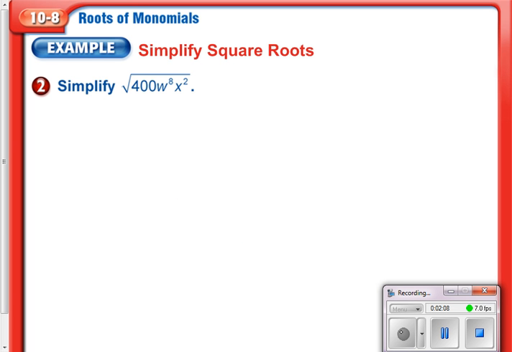Example 2, simplify the square root of 400w to the 8th x to the 2nd. Some of you might know what the square root of 400 is. You can already probably pull a number out of that because it is a perfect square. But if not, you could do your prime factorization. So prime factorize everything. We know that a 2 can go into 400, so I'm going to write a 2 down.